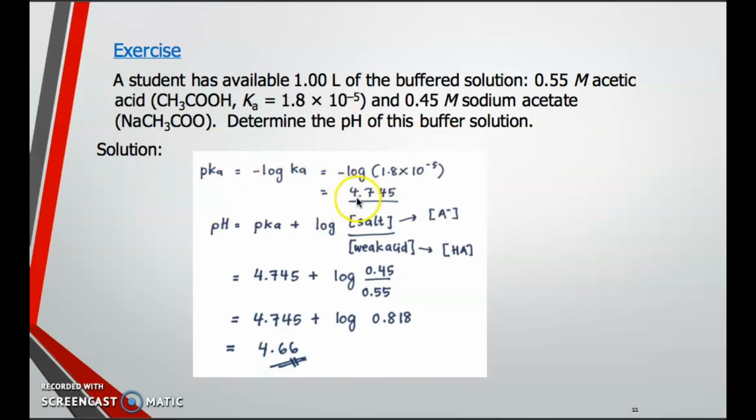So you got 4.745, and use the Henderson-Hasselbalch equation for pH. pH is equal to the pKa plus the log of the concentration of salt divided by the concentration of weak acid, and you got the answer of 4.66.